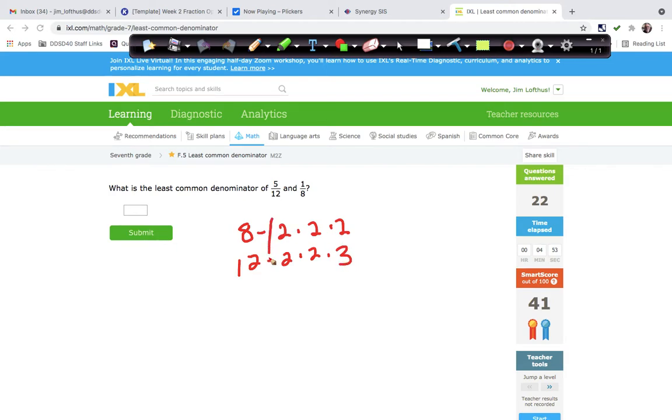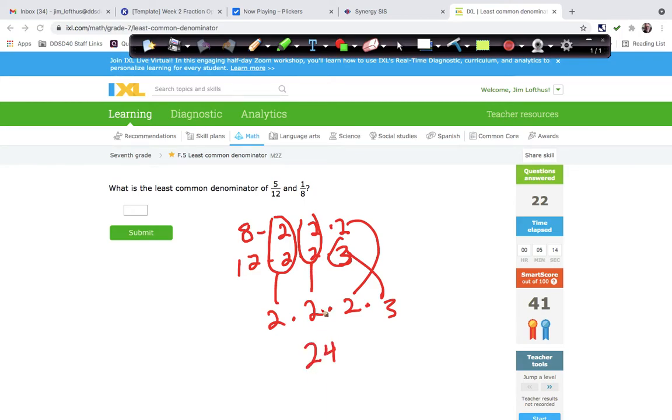We're going to circle everything that's in common and then use everything that's left over in our multiplication. So we're going to do 2 times 2 times this 2 times this 3. So that's 8 times 3, and that's 24. So 24 is our least common multiple.